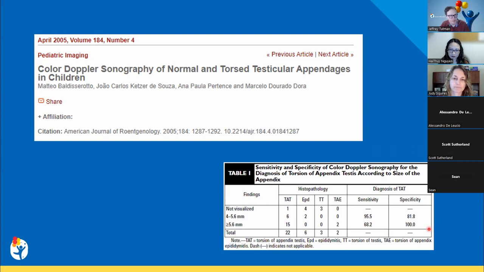I think using size criteria makes sense in some ways, because when you have smaller appendages, it's really hard to see blood flow, even if they're totally normal. Do you use this size criteria, or how do you think about making the diagnosis of appendage torsion?